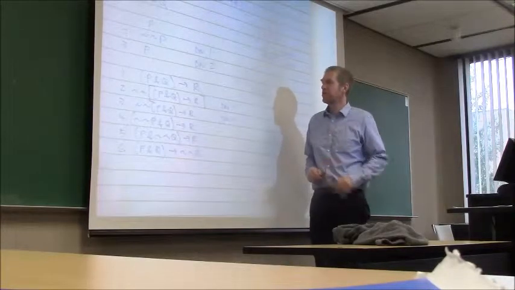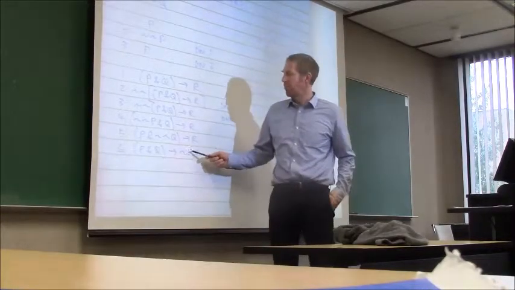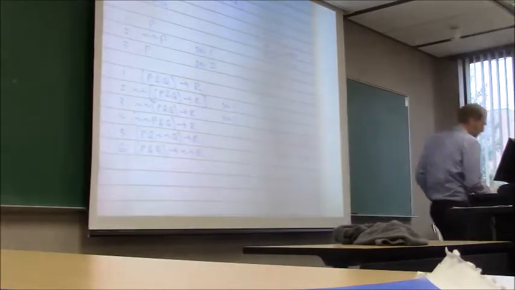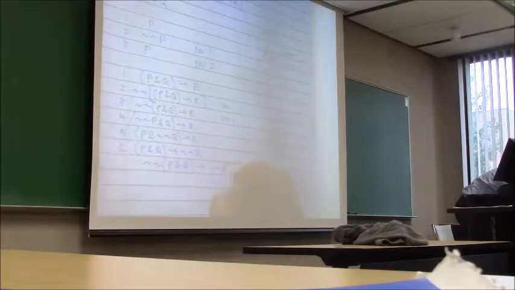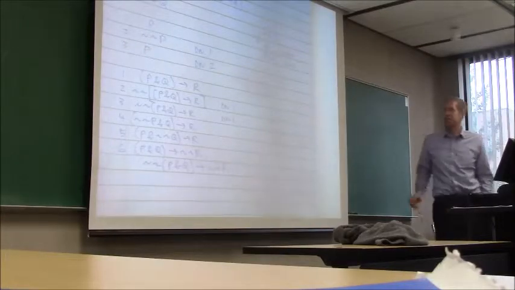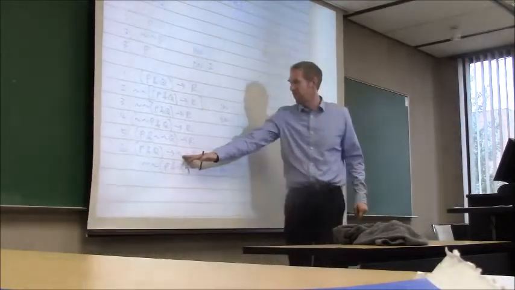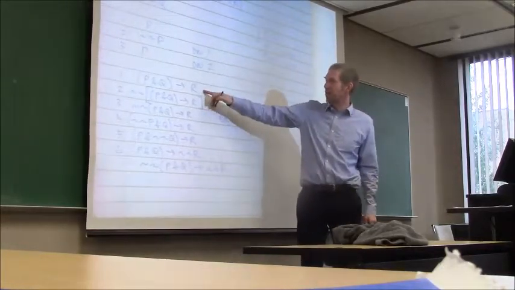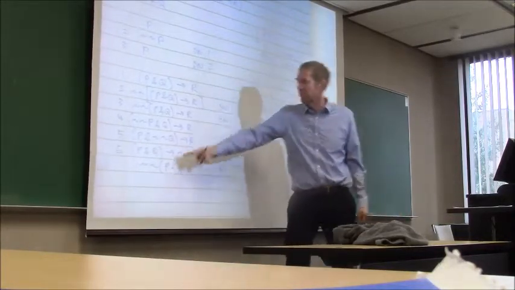The only thing you shouldn't do is apply it more than once in one go. So if I were to say something like this, that's actually two instances of double negation. I should do this one first and then this one. So if I said that came from double negation from line 1, that wouldn't be right because I've done it twice.